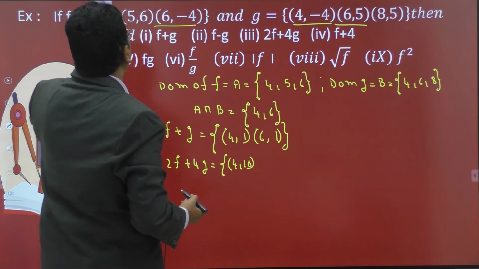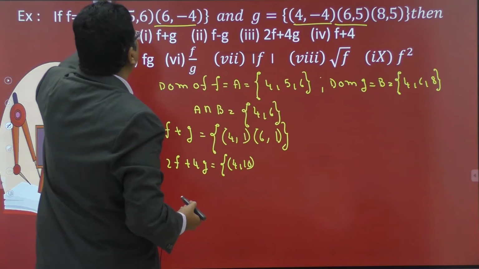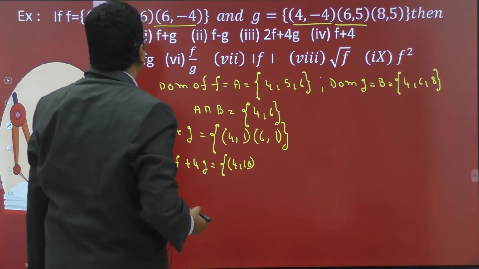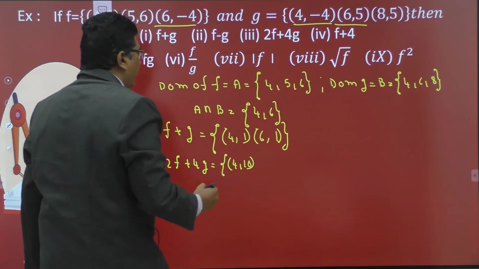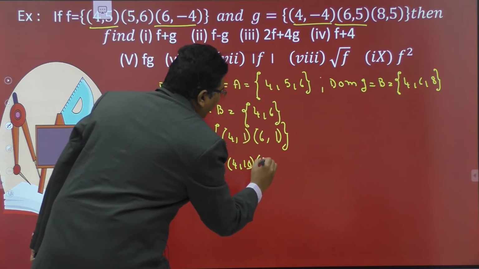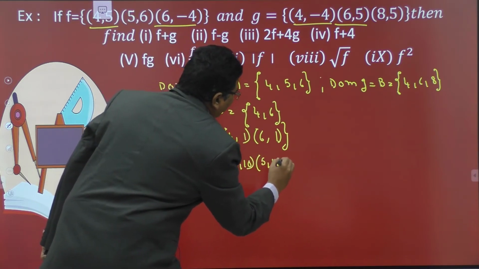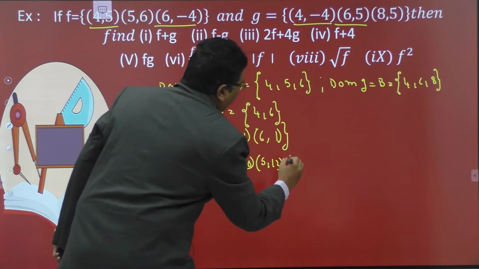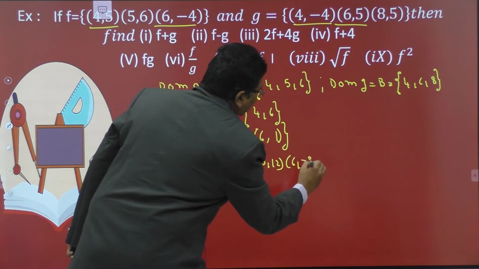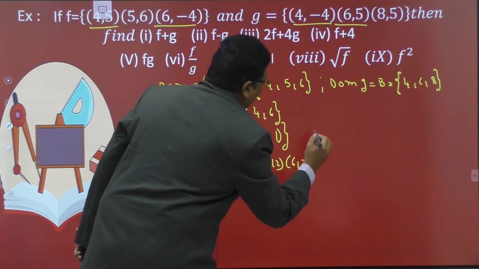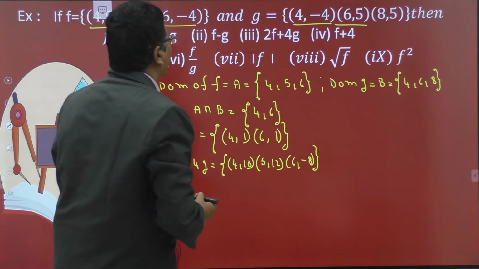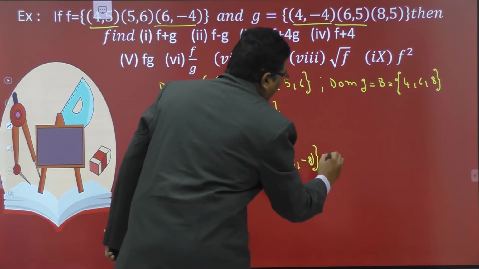Multiply 2 by the second components of the ordered pairs: 4 comma 10, 5 comma 12, 6 comma minus 8. That is 2f.